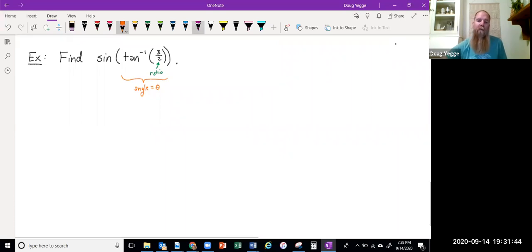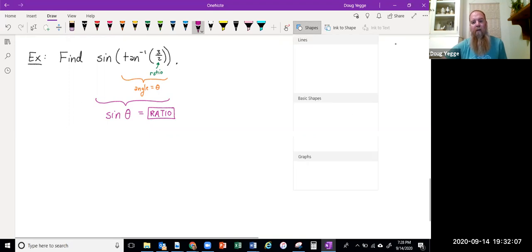So what we're really being asked to find is sine of theta, the sine of the angle theta, which means that my answer will become a ratio. So I know by the time I'm done, my answer is a ratio because I'm finding sine of an angle.